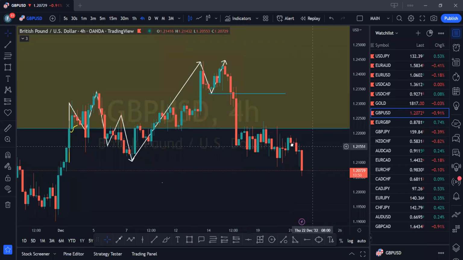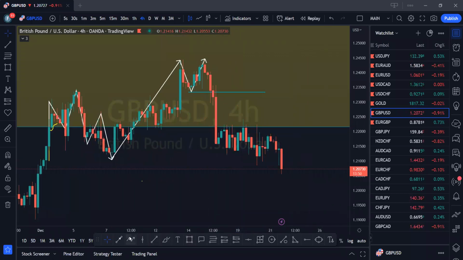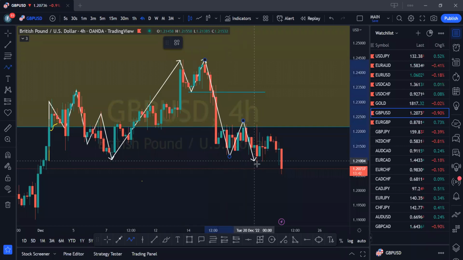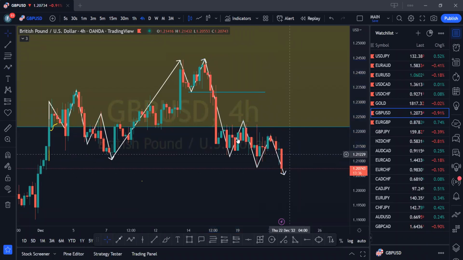And then what are we seeing? We are seeing activity, we are seeing the break, we are seeing a bit of retracement like so, and then we are seeing this, okay? So structure has shifted to bearish on H4.